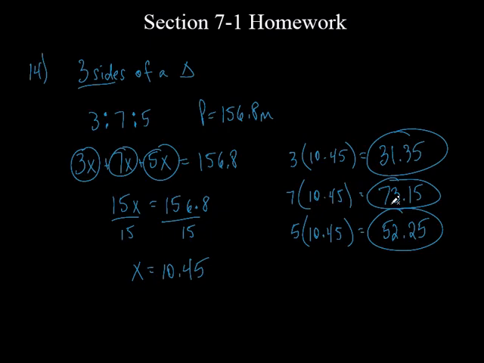I did that all in my calculator, and I got 156.75. Well, it should come out to 156.8, but that rounds to an 8, so we're fine. So I can be pretty sure that these are the correct answers because they do add up to what our perimeter is supposed to be. So that's how you do number 14.